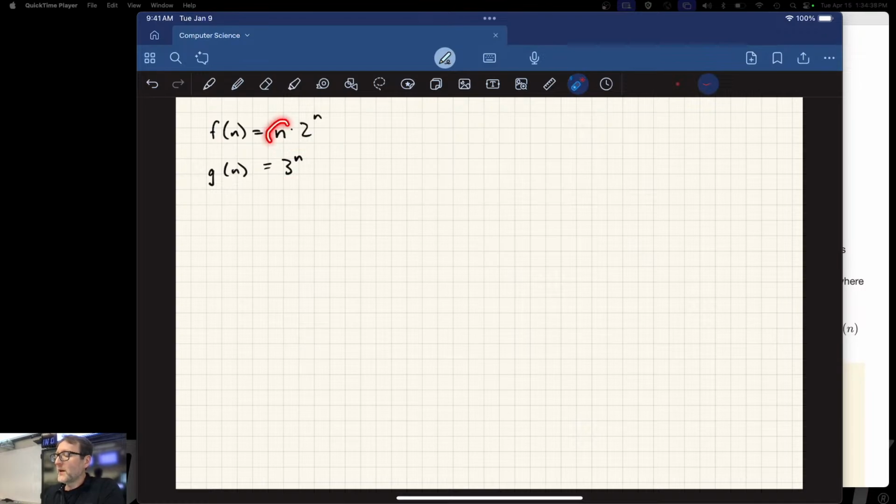Yes, there is a linear term over here. If that were not here, would you have a clear intuition about which one is bigger? Right. Bigger bases mean bigger functions. Does this wash that out? Absolutely not, right? So my intuition tells me that f of n is big O of g of n, okay?